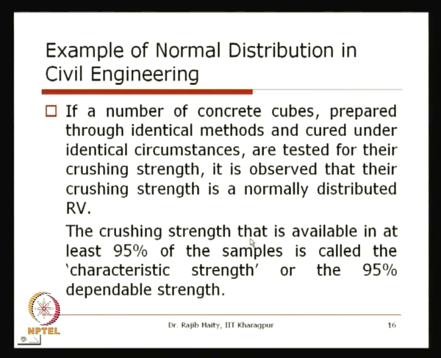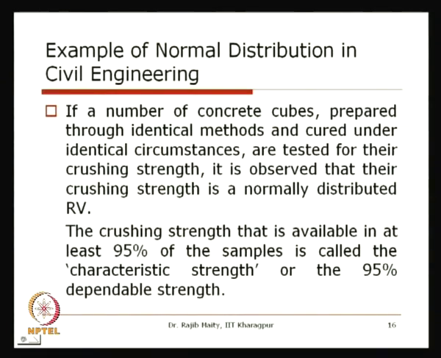Now, the crushing strength that is available in at least 95% of the samples is called the characteristic strength, or the 95% dependable strength. The example of characteristic strength in civil engineering for the strength of concrete is that in 95% of cases, the particular strength of the cube is exceeded, and that is denoted by this crushing strength.